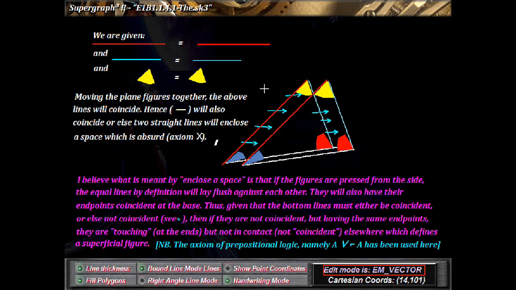Now the argument says, moving the plane figures together, the above lines will coincide. That means they will be coincident at every point, that is, touching essentially. If I want to demonstrate coincide, here are two lines.